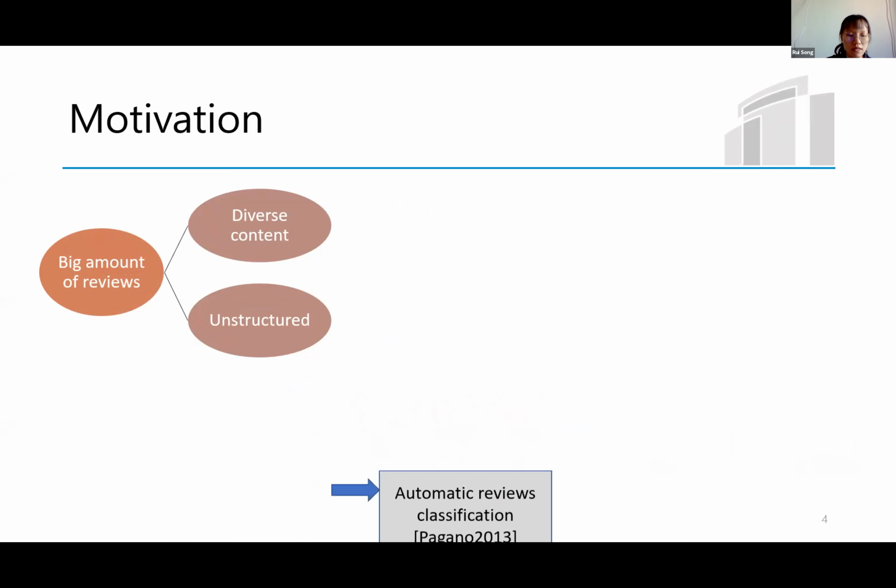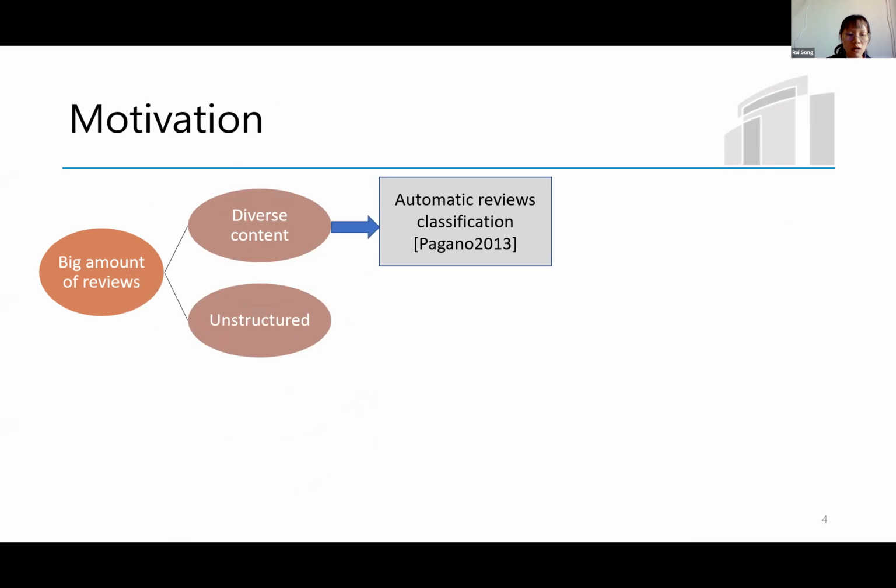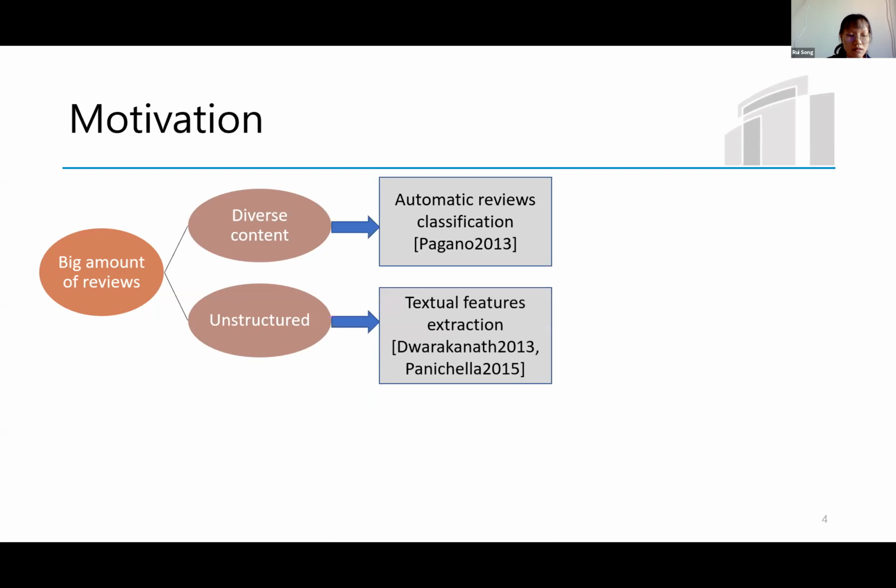Existing researchers have studied the automatic classification of reviews. They use review mining to classify categories that contain requirements, and some researchers have studied text feature extraction. They extract requirements from reviews and apply them to requirements engineering.